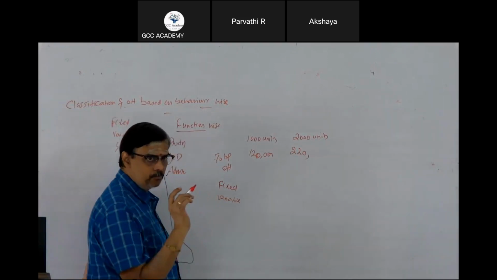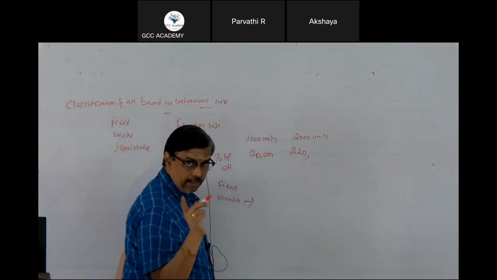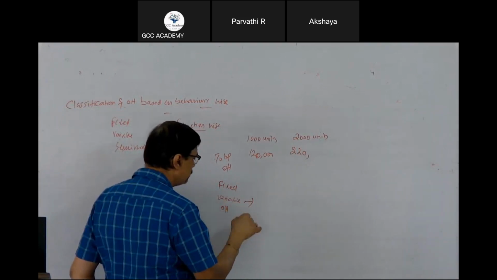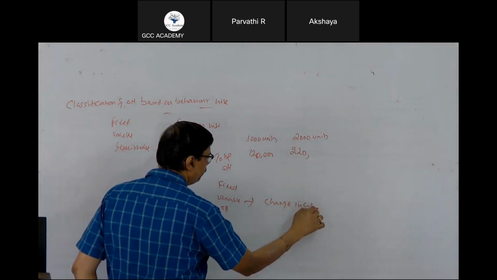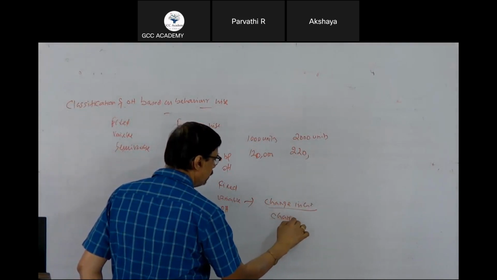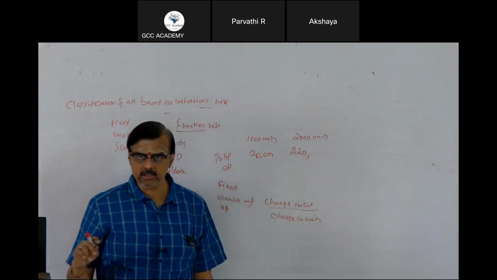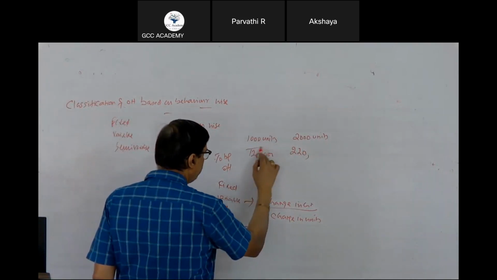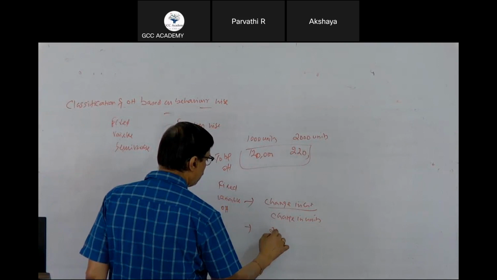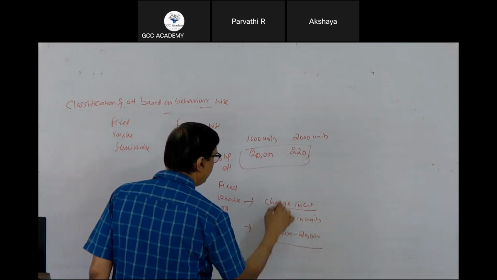I'm going to give you a simple formula. The variable overhead is equal to change in cost by change in units. Have you come across this? Change in cost divided by change in units. Change in cost between these two, higher to lower, by change in units, higher to lower.